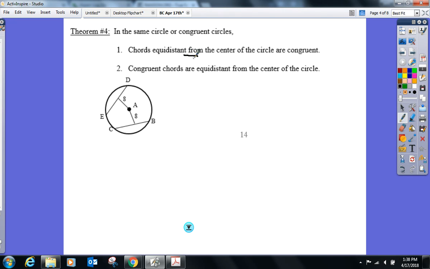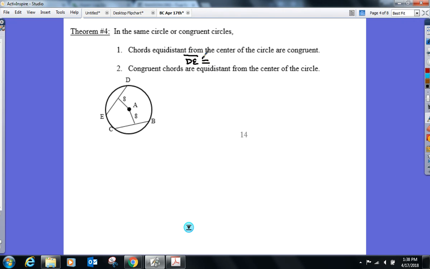So chord DE is congruent to CB. Everyone all right? There's not much I have to explain about that one, right? Two chords, same distance from the center, have to be congruent to each other.